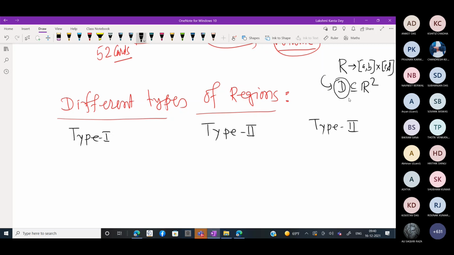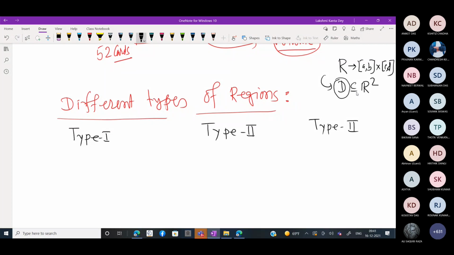But in practice, how to handle this is a little bit difficult. So this is a theoretical idea how to extend your initial region of integration, a rectangular region, to an arbitrary bounded region D.